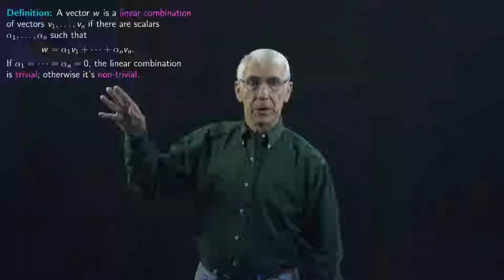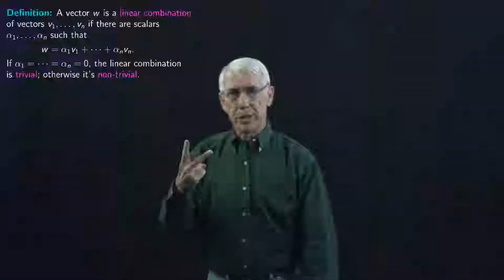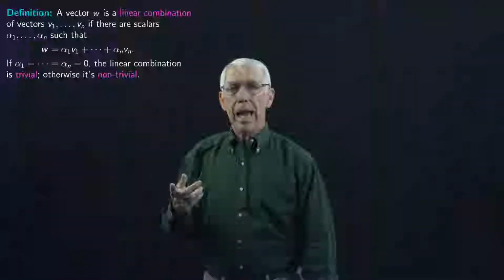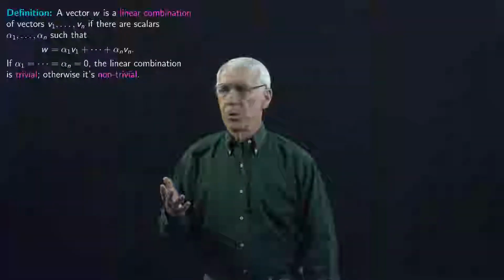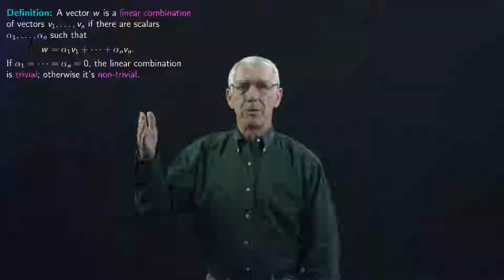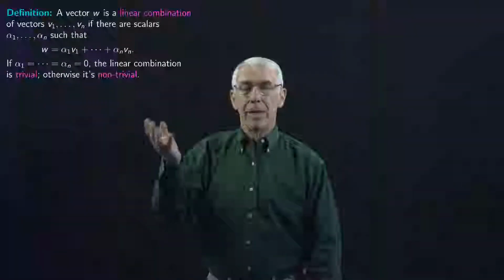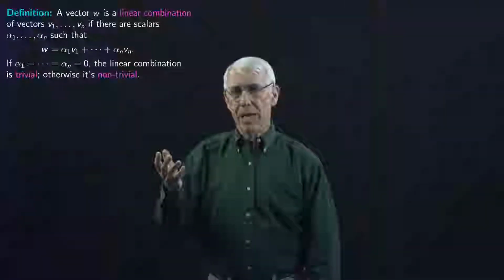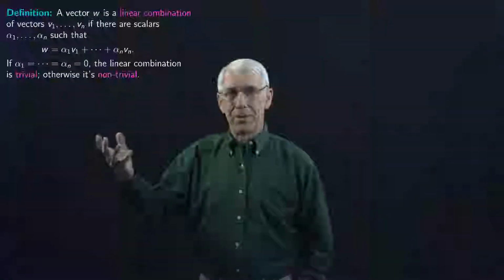The simplest, most obvious example would be if there are only two vectors, v1 and v2, and v2 is the negative of v1. Then if we take 1 times v1 plus 1 times v2, which is the negative of v1, that's a non-trivial linear combination, and it gives us again the zero vector.